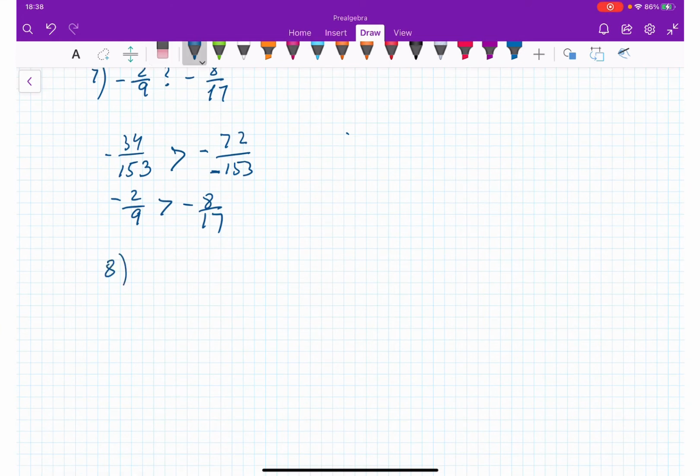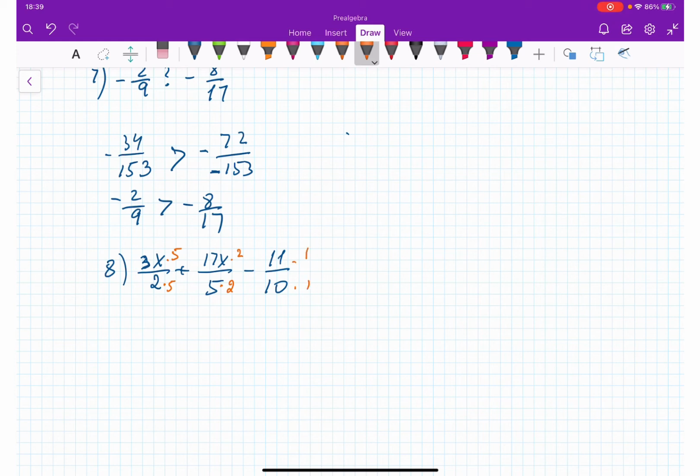Okay, question number 8. What do we have? 3x over 2 plus 17x over 5 minus 11 over 10. It doesn't matter if there are pluses and minuses, I can still bring them to a common denominator and do the operation. The denominators are 2, 5, and 10. The common denominator is going to be 10, which means this one you multiply by 5, this one by 2, this one by 1.